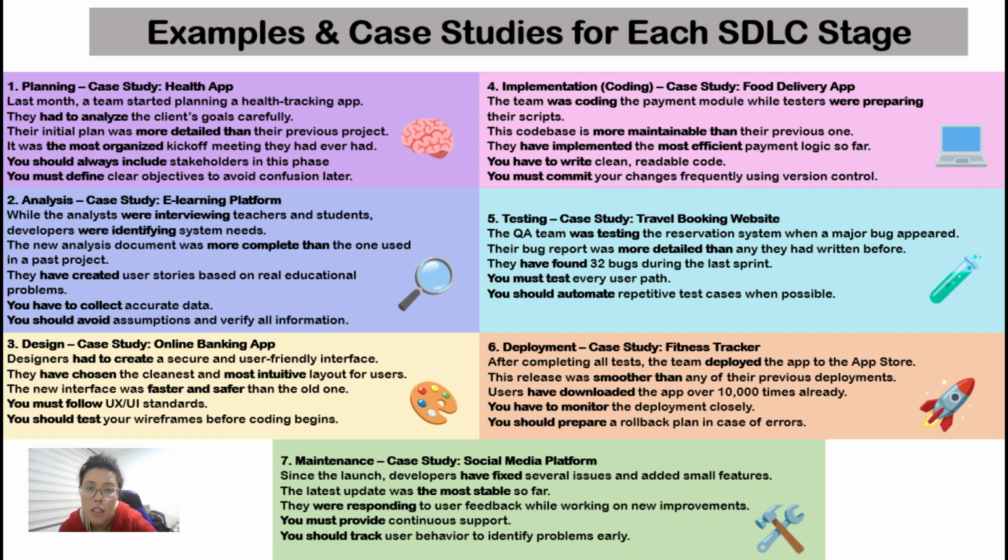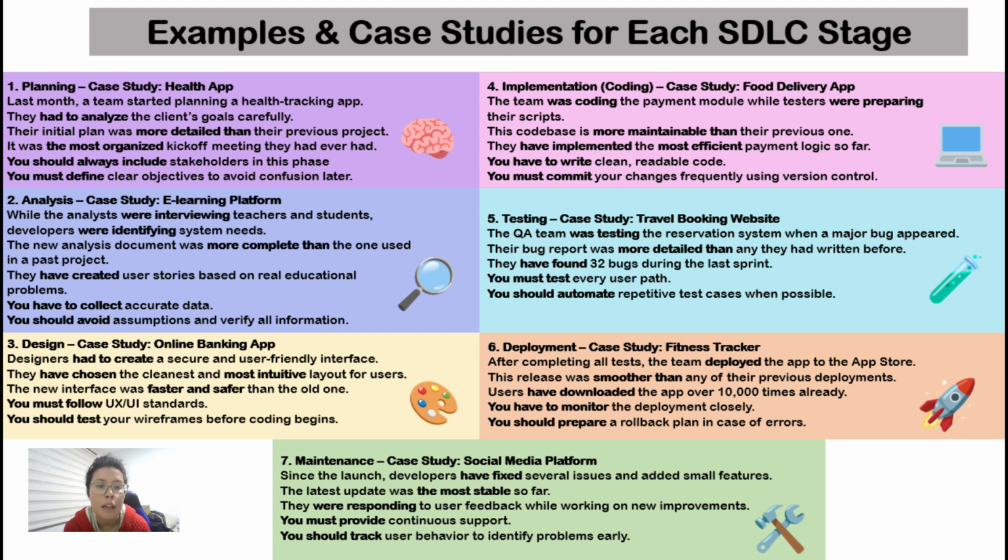Fifth stage is testing. Our case study is a travel booking website. The QA team was testing the reservation system when a major bug appeared. Their bug report was more detailed than any they had written before.